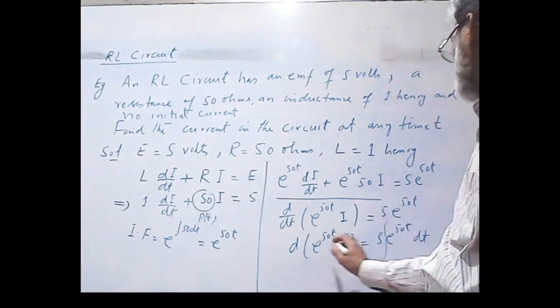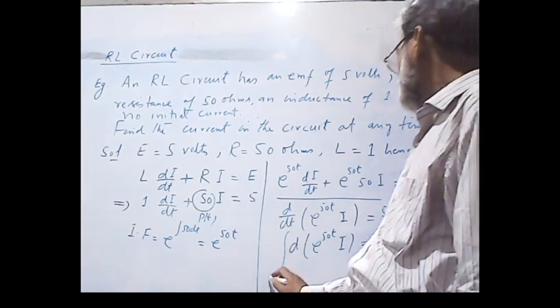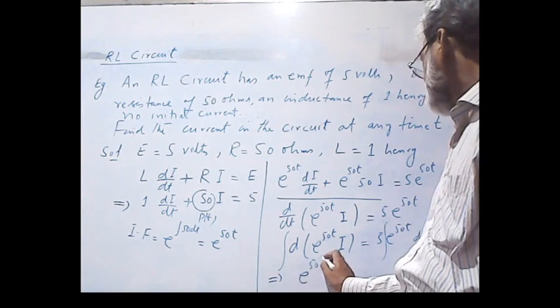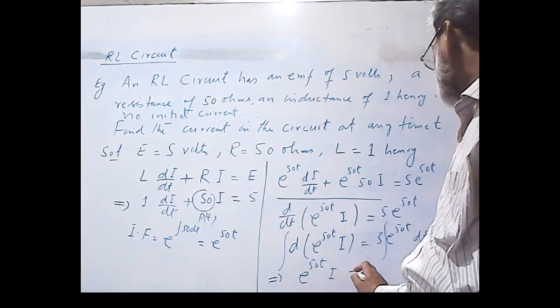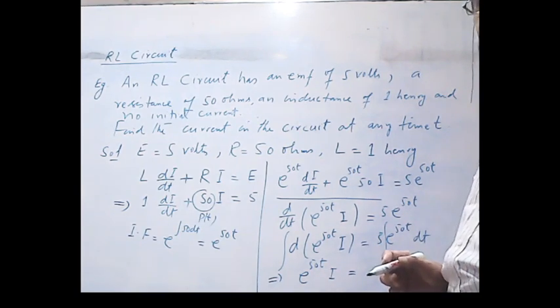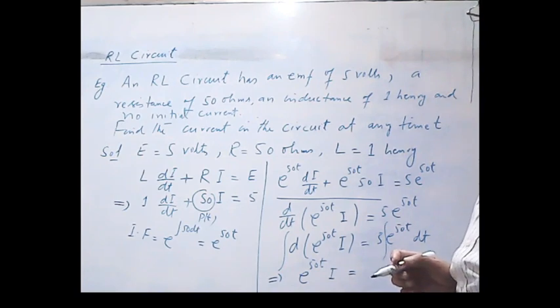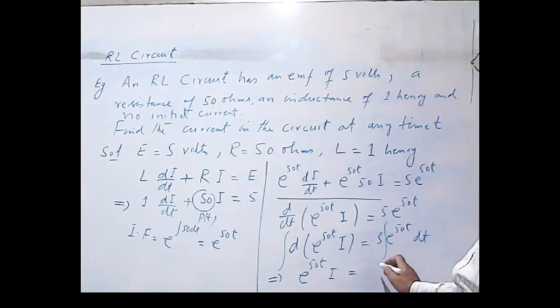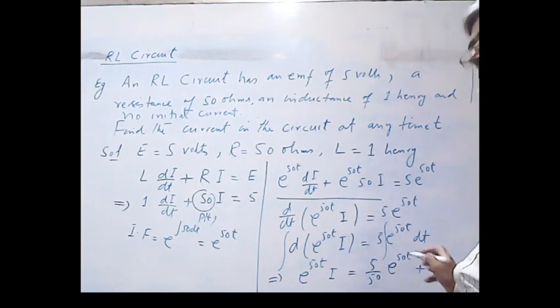Then integrate. The integral of the derivative is just e^(50t) i, equal to the integral of 5e^(50t), which gives 5 upon 50 e^(50t), then plus C.